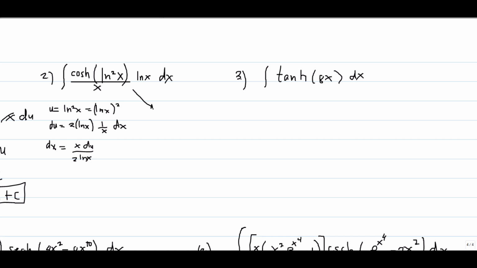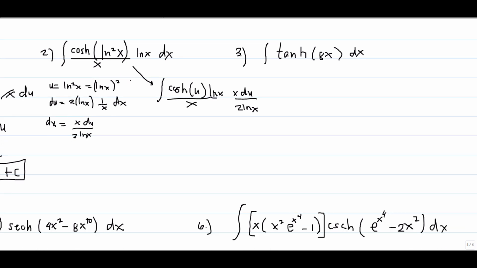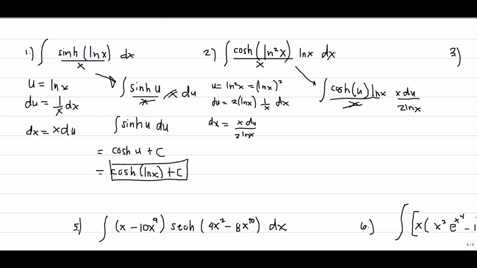Again, we change the given problem. The integral of cosh u, then we have ln x, and dx is equal to x du over 2 ln x. We have x here, so we can now cancel x, and also ln x with ln x.